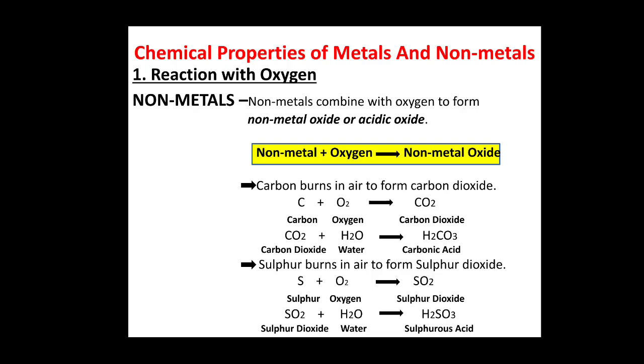So, from that we conclude that non-metal oxides are acidic in nature. Clear? Similarly, sulfur burns in air to form sulfur dioxide. To check if sulfur dioxide is acidic or basic, if we dip it into water, that forms sulfurous acid. Actually, that solution is sulfurous acid. When you dip your blue litmus paper, that converts it into red color.